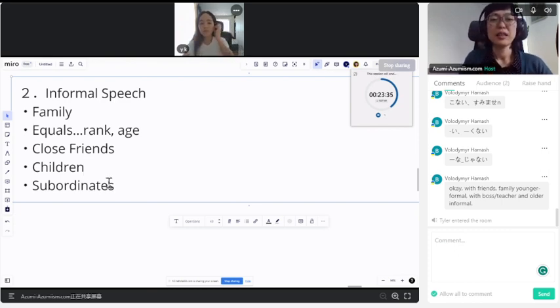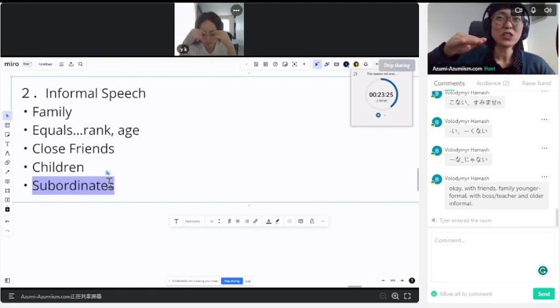Subordinate means, if you go to school, you're a student, so you're in a subordinate position. That's why you're not going to use informal speech towards a teacher, but the teacher might use informal speech to you. Both teachers and older people use informal speech towards you.